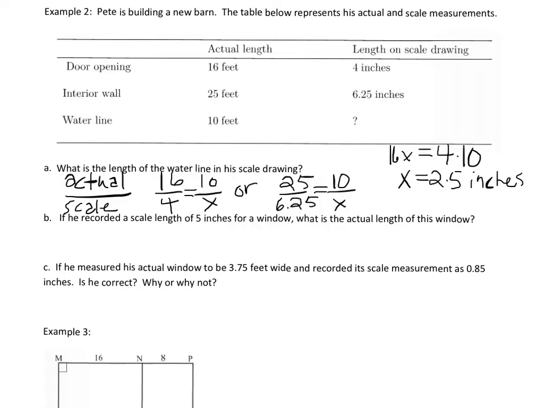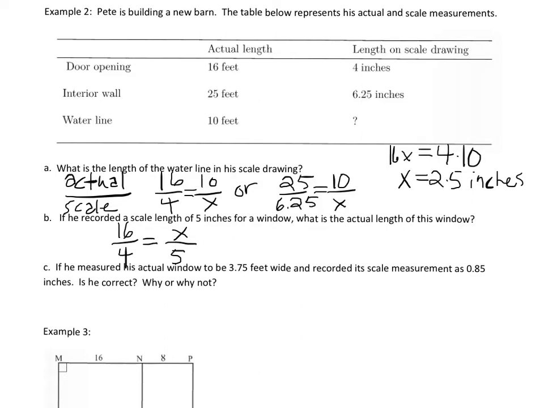If he recorded a scale length of 5 inches for a window, what is the actual length of his window? Alright, so that's kind of going the other way, but I'm still going to do actual over scale. So I'm going to use the same proportion of 16/4, and what I do know is that he drew for the scale 5 inches, so I'm going to put that on the bottom, and what I want to solve for is the actual.